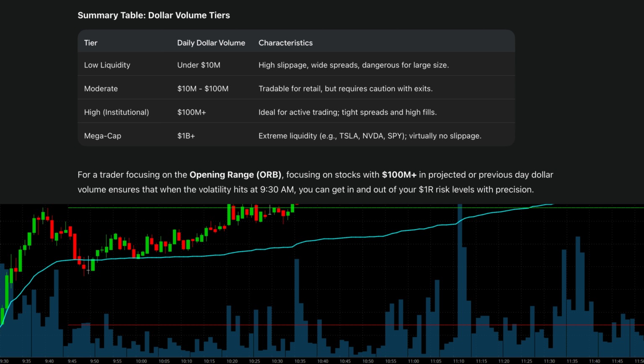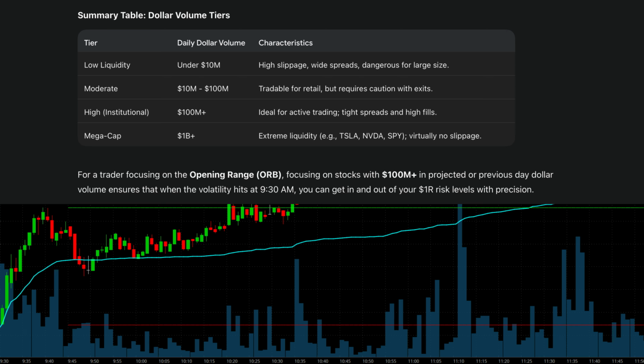Tradable for retail, but requires caution with exits. High, institutional: $100 million plus. Ideal for active trading, tight spreads and high fills. Mega cap: $1 billion plus. Streaming liquidity, e.g., TSLA, NVDA, SPY, virtually no slippage.